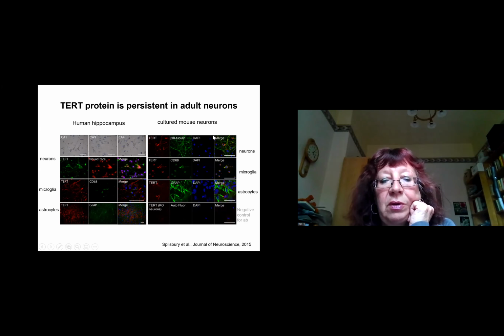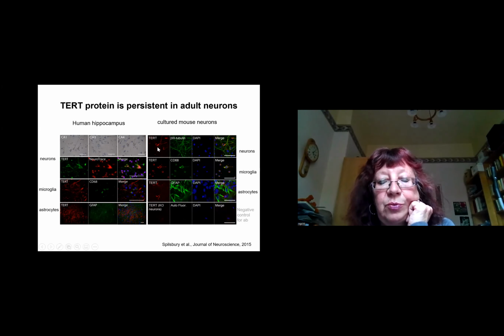If you look into cultured mouse neurons, again, TERT protein in red, we see co-localization with neurons, with microglia, but again, nothing with astrocytes, and we also don't see anything in TERT knockout brains, which is important because a lot of antibodies do not work very specifically.